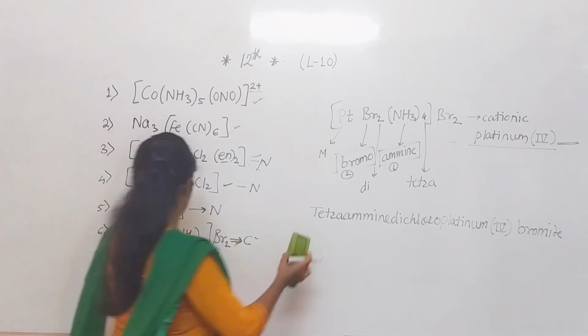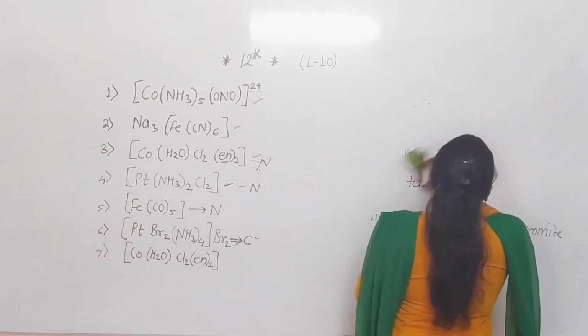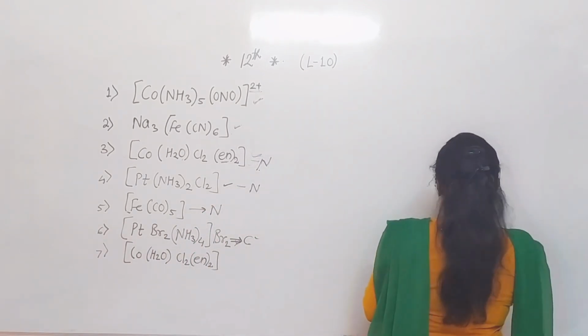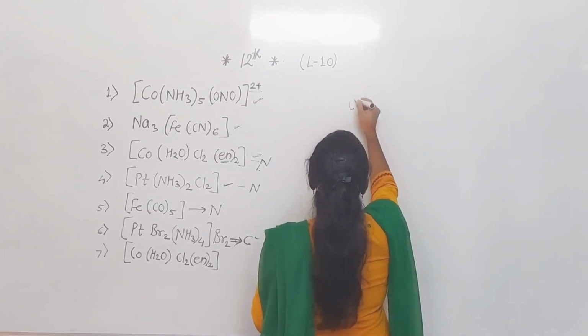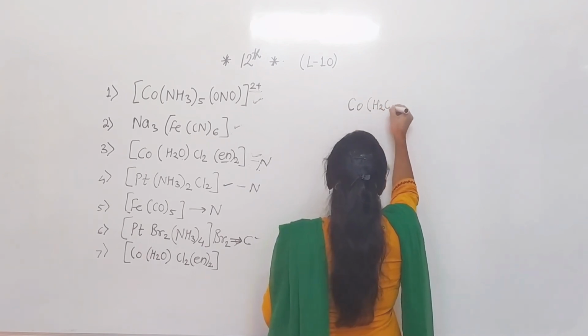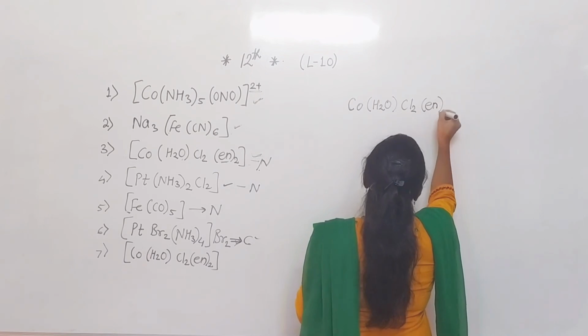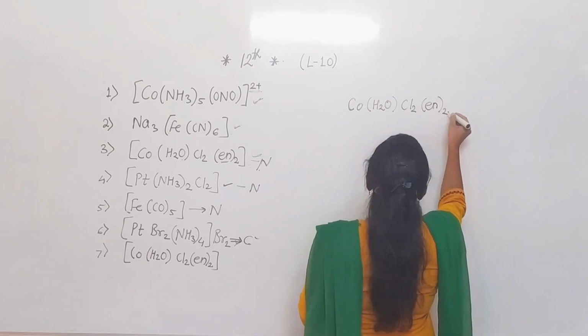Now see here, if we consider this one, what is the complex? CO means cobalt is there, H2O is there, Cl is there, and En is also there. En is twice.